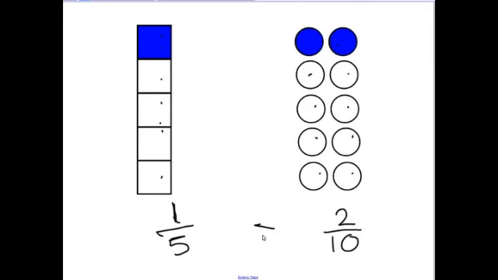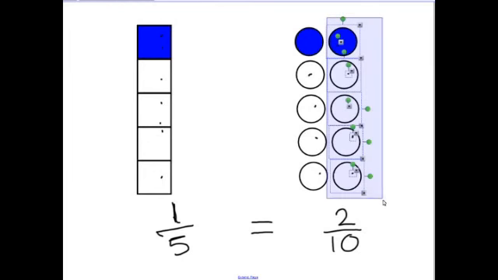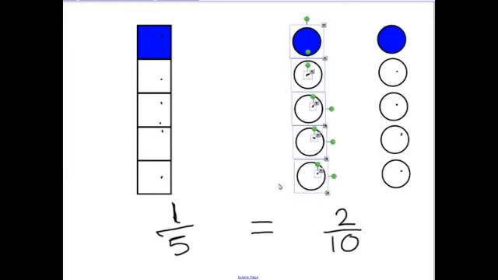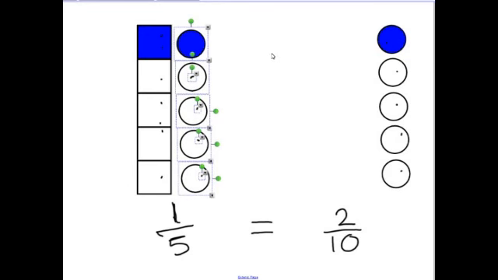These fractions are also equal, and we can have a look at why that is. If we split this object into 2 parts, we would see that it represents the same proportion, 1 out of 5.